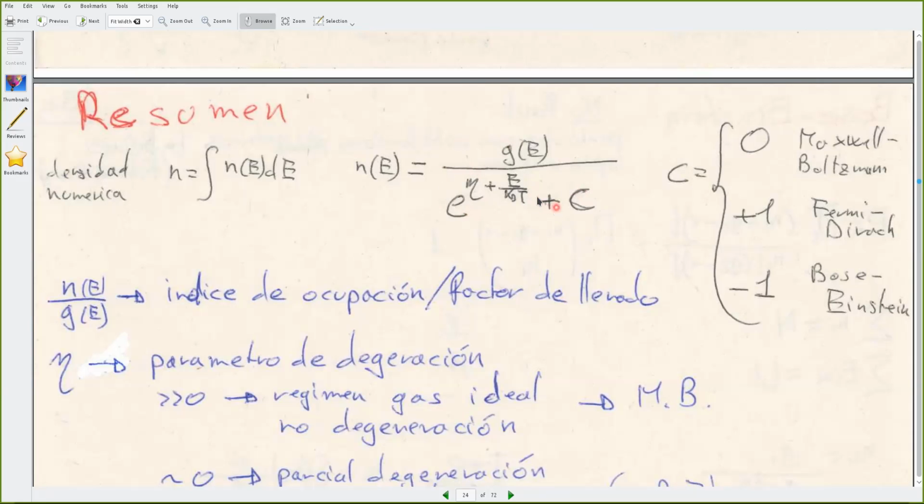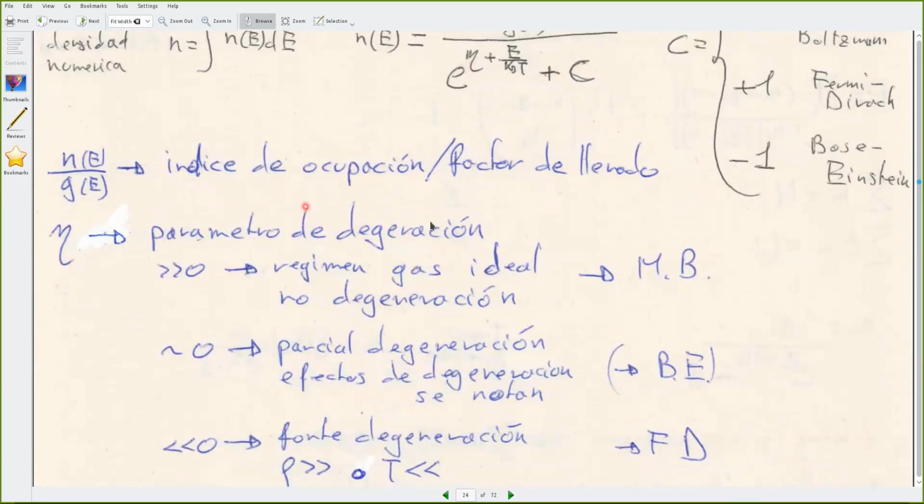It's the exponential of this plus the sum, which is 0 for Maxwell-Boltzmann, plus 1 for Fermi-Dirac, and minus 1 for Bose-Einstein. Usually we use n divided by g, that is the occupation index or spinning factor.